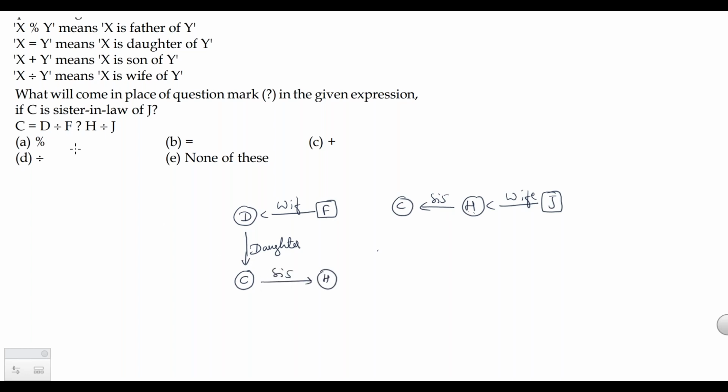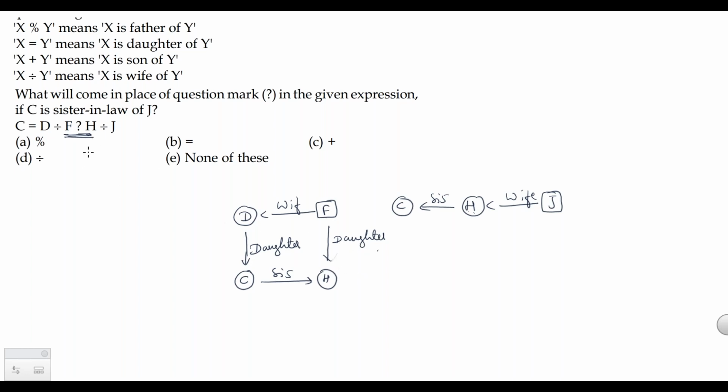If H should become sister of C, now what relation should I get between F and H? If I take the relation between F and H, it should be daughter. H has to become the daughter. So daughter means here what is the symbol we have? Equal to. So F is first, right? Okay.